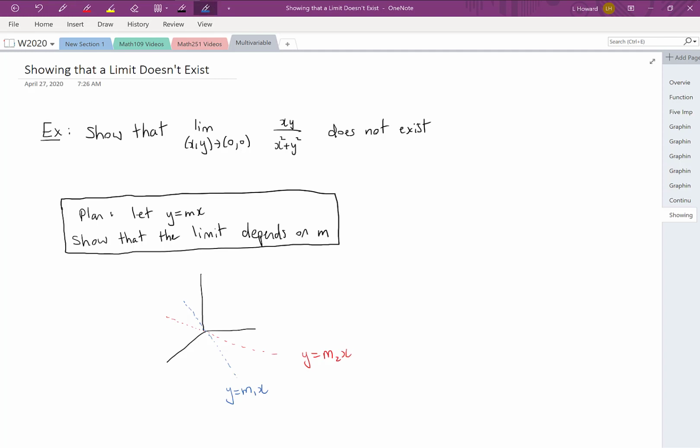Now let's go back to the blue line. Suppose we're traveling along these points, along this line, approaching the origin, and we want to track the values of our function, xy over x squared plus y squared, as we go through that set of points. For this point right here, the value of our function is this z value.